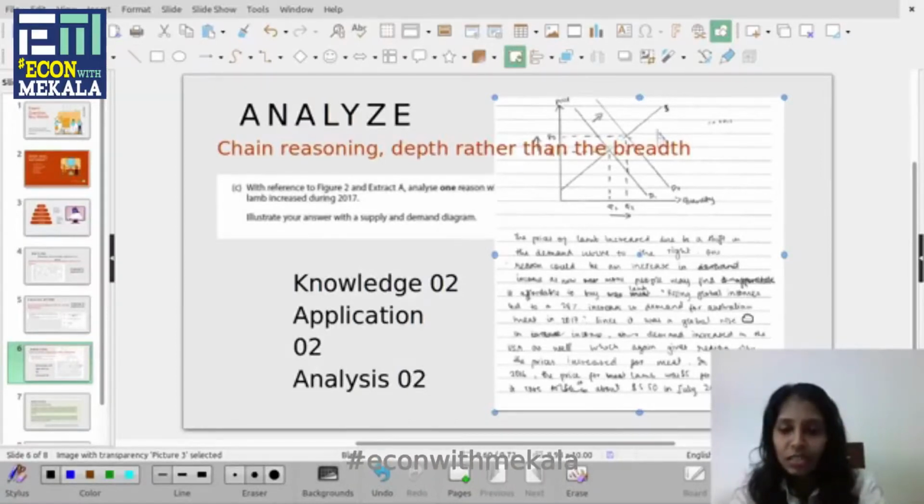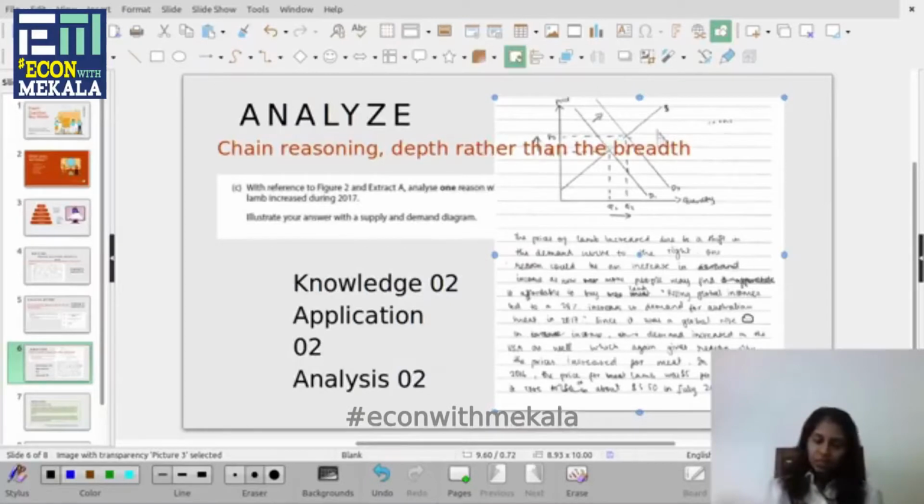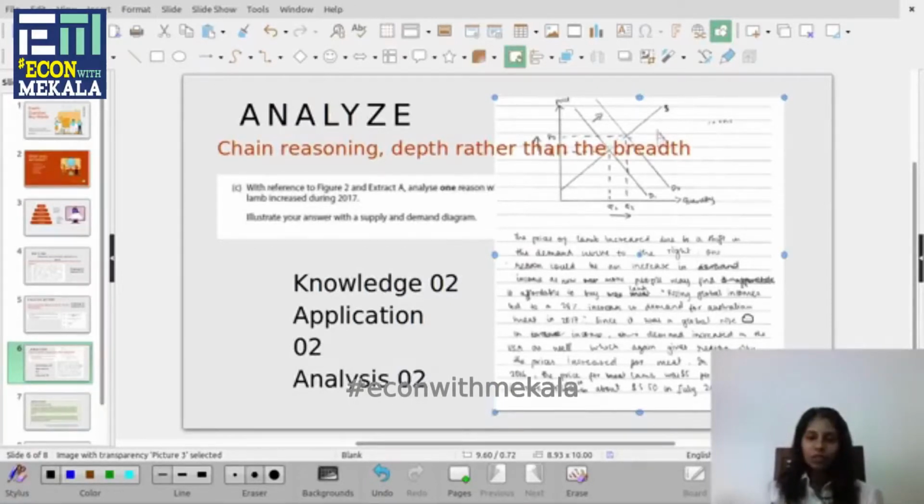Not only that, the reason he identified, he has analyzed. He has given us not only one reason, he has gathered information from the case study. It's a global situation, so because of that, he has given more facts about it. So he is eligible for receiving 5 to 6 marks for this answer.